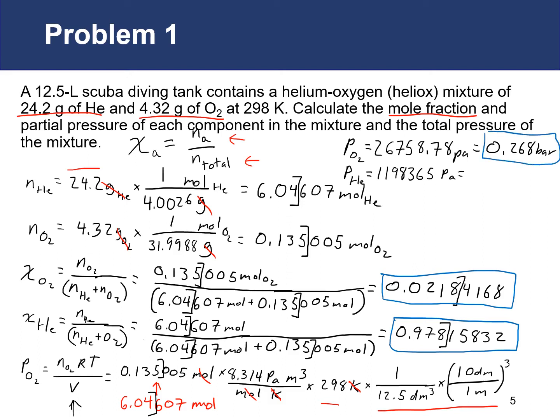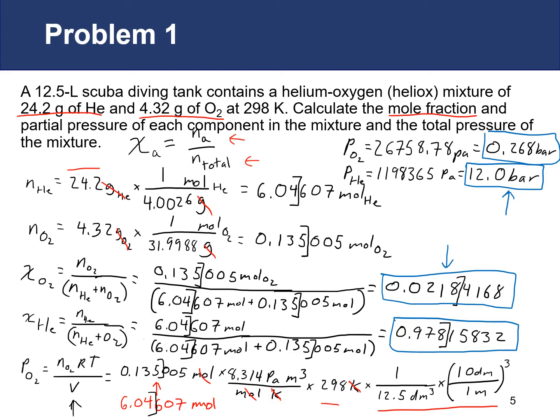Our partial pressure for helium would be 12.9 bar. And 1 bar is pretty close to 1 atmosphere of pressure. They're within 1% of each other, right? And so these would be our partial pressures here, and these values here would be our mole fractions.